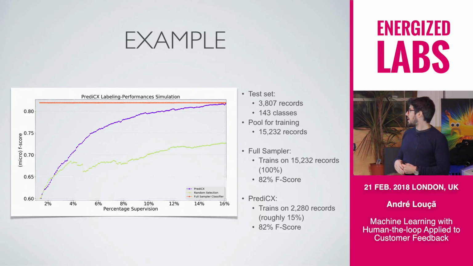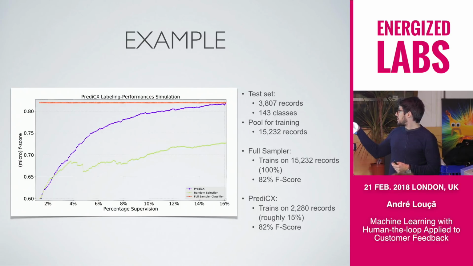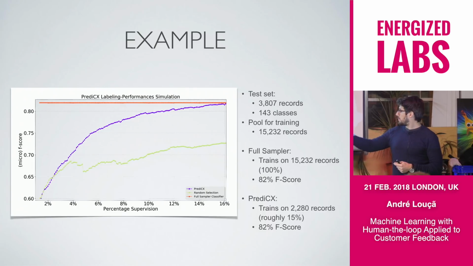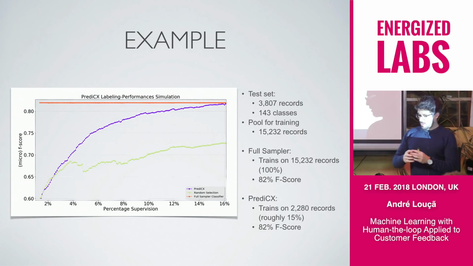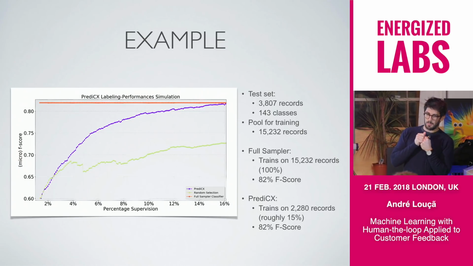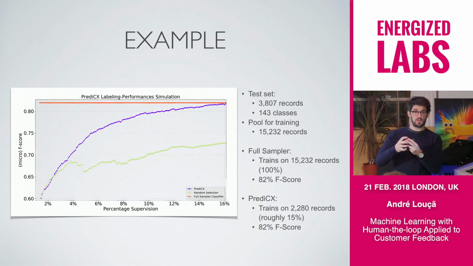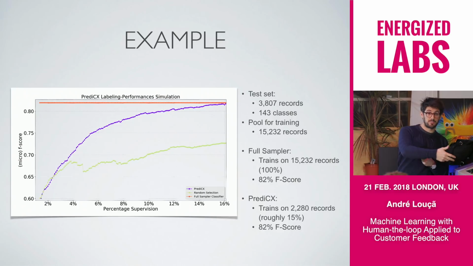That's the goal. So using Predicx, here is how this works. From the pool, we collect a portion of the data set, we train, and we predict against the test.